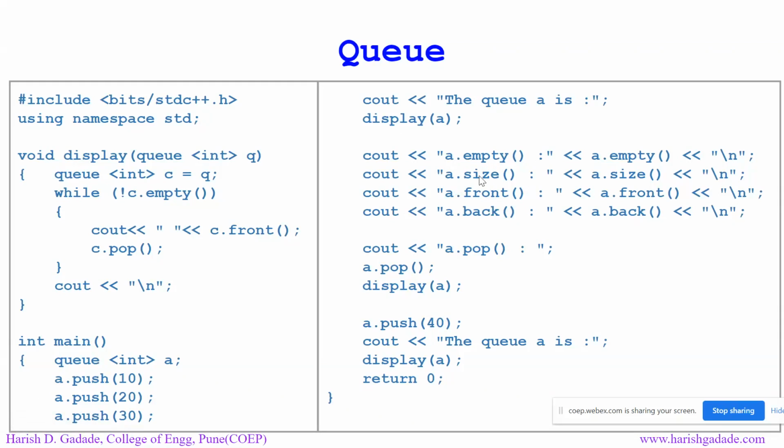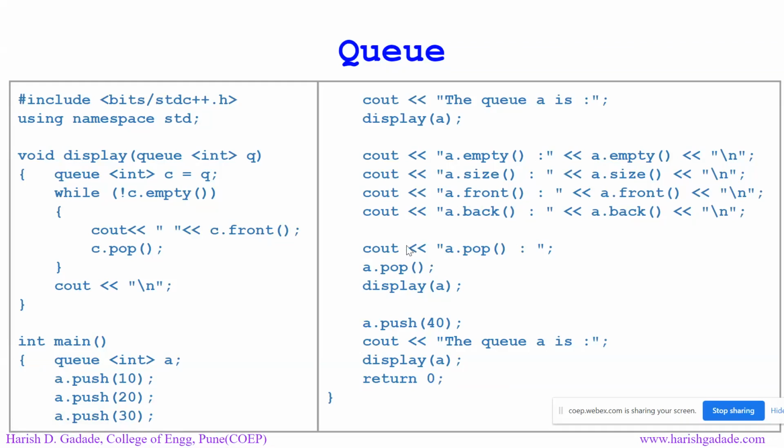Then size would be 1, 2, 3, so that would be the size. The front element is 10, and the back element, that is the rear element, is 30, right? So with this, the output would be 0, then 3, then 10, and then 30, right?